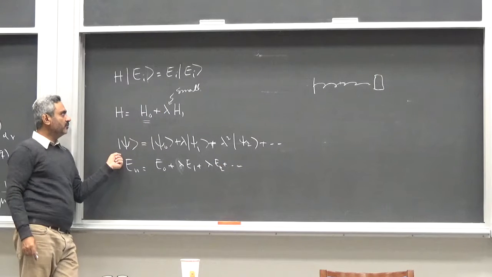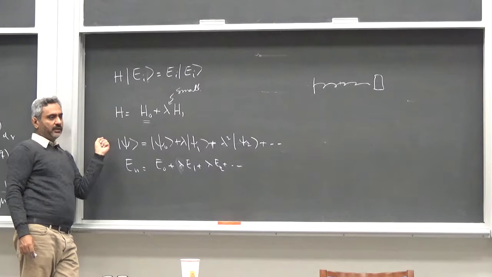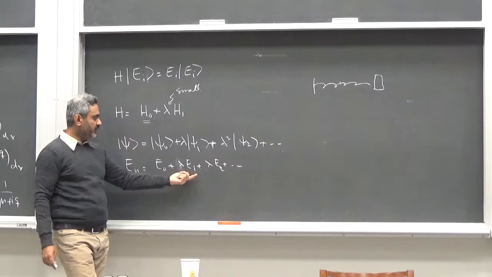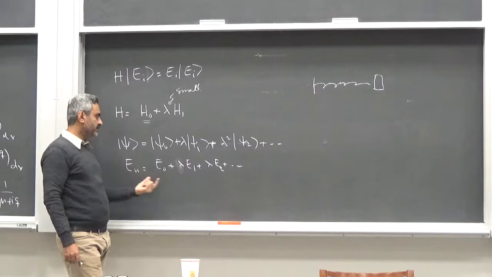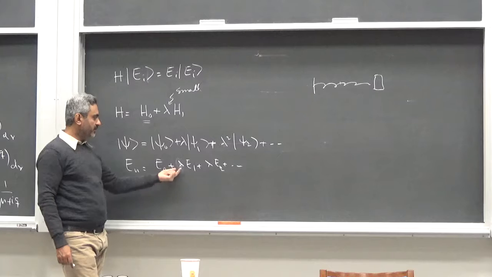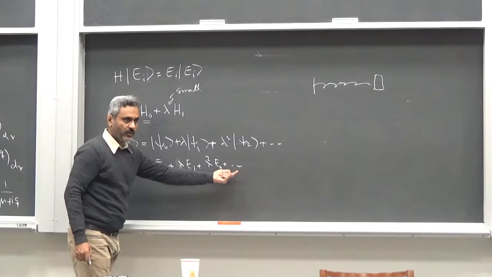You put these two back in this equation, and then you compare orders, and that gives you approximations for this series. So if this is small, then these things are successively smaller.